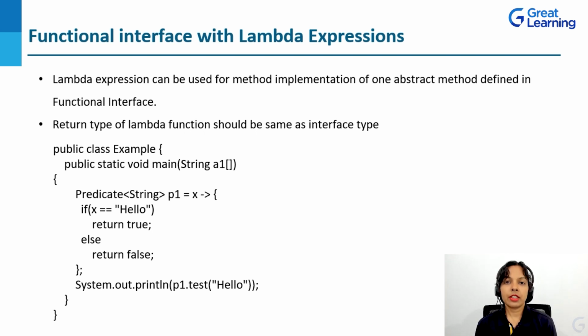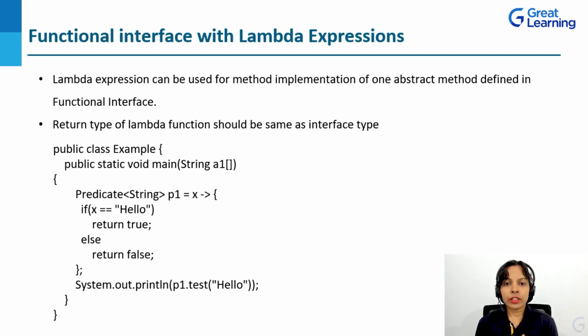As there is only one abstract method, and a Lambda expression refers to a method without any name, it will be automatically understood that if the Lambda expression is referring to an interface which has only one abstract method, then it is referring to that one method inside the functional interface. That's why, along with Lambda expressions, only functional interfaces can be used. We cannot use an interface which has multiple abstract methods.